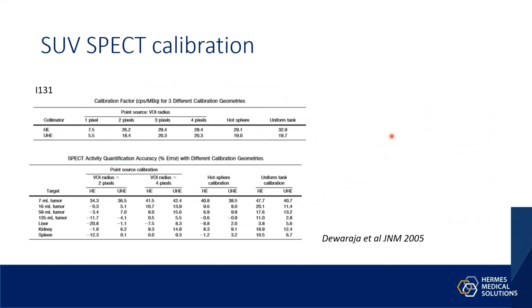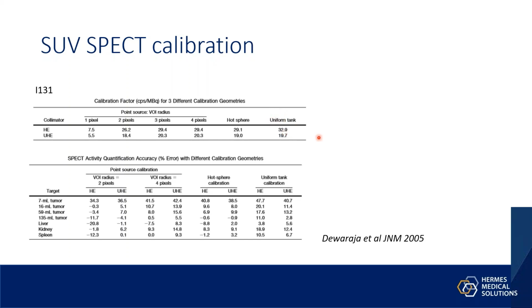There are publications out there which compare the different calibration factors. This is from the Michigan group, where they compare different calibration factors for iodine-131. For example, if we check the high energy collimator values, we see that the calibration factors range from 7.5 counts per second per megabecquerel to 32.9 with the uniform tank.